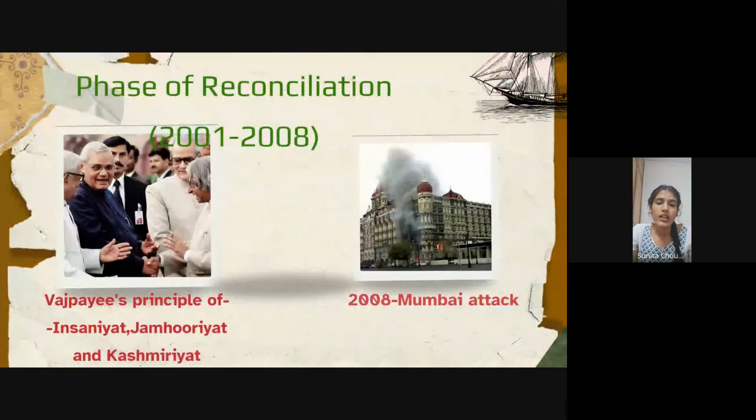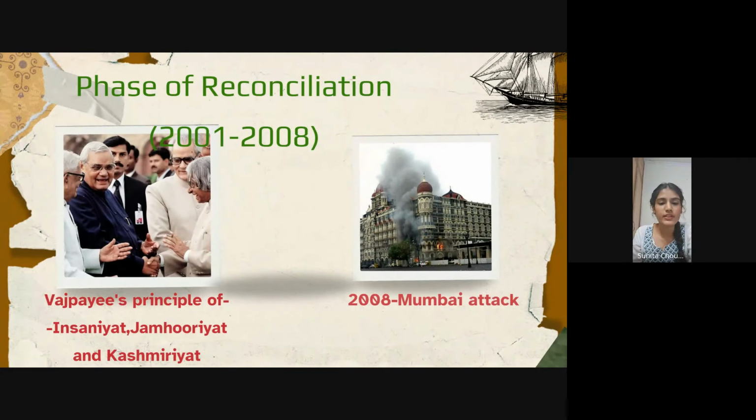Next, coming to the second phase, and this phase was the phase of reconciliation. And at this time our Prime Minister was Atal Bihari Vajpayee ji, and he gave 3 principles to counter the situation of Kashmir.